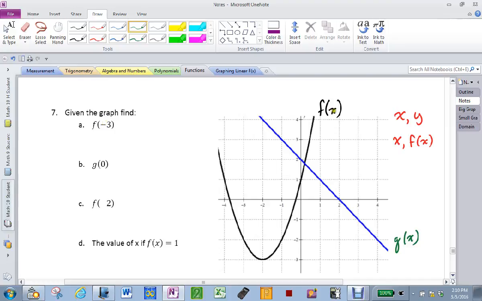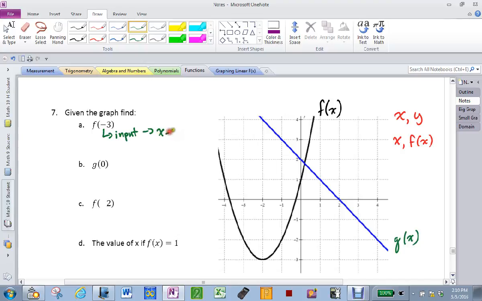So, f of negative 3. What used to be written there? X. So that means this negative 3 must be an input. And where do we find it? Where do we find the inputs on a graph? On the x or the y-axis?